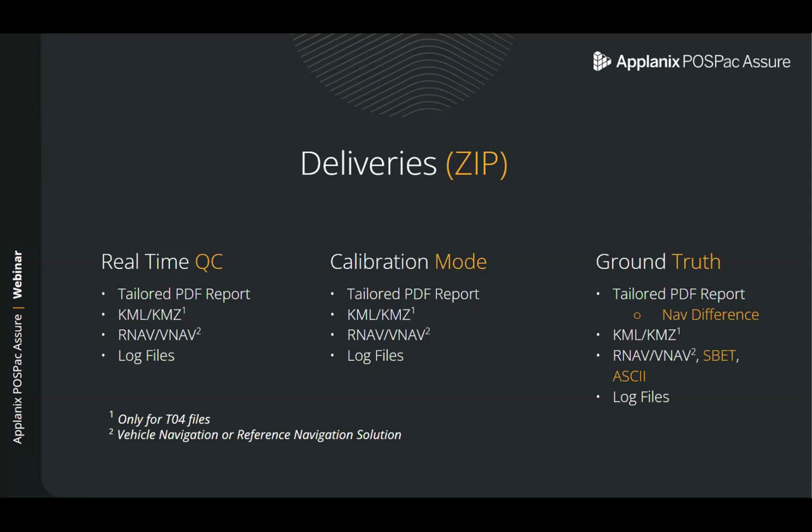In the tailored report for ground truth, which again looks different than for the other modes, we also have a feature that right now compares the real-time navigation solution against the post-processed navigation solution. So that might be very interesting for integrators to see what the difference really is between my real-time performance and my post-processed performance. That feature runs all the time automatically, and you can see the difference in the plots from the PDF report.